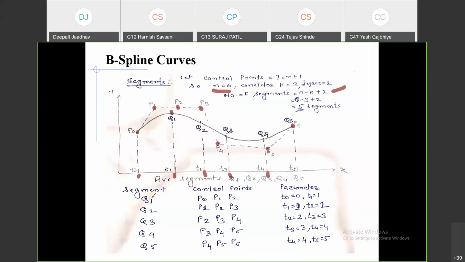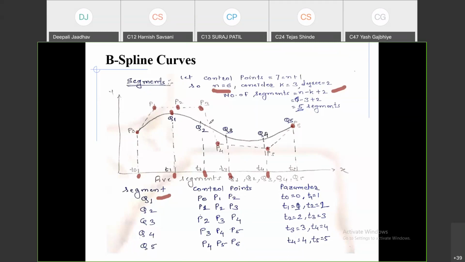Now for this Q1 segment, which are the control points? The Q1 segment is controlled by the three control points P0, P1 and P2 with T equal to 0 and T equal to 1.